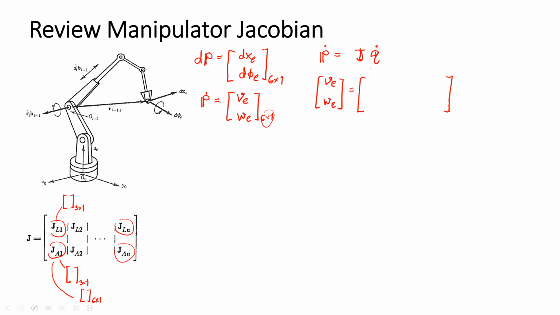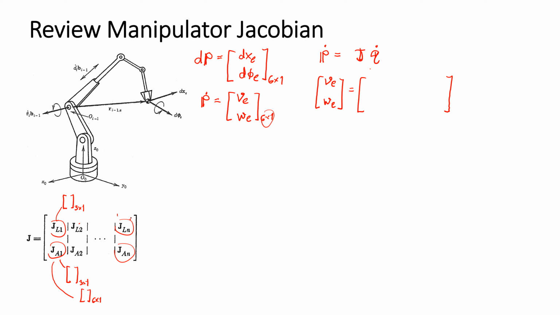It depends on how many joints we have in the robot. The number of columns needs to match the number of degrees of freedom, the number of joints of the manipulator.